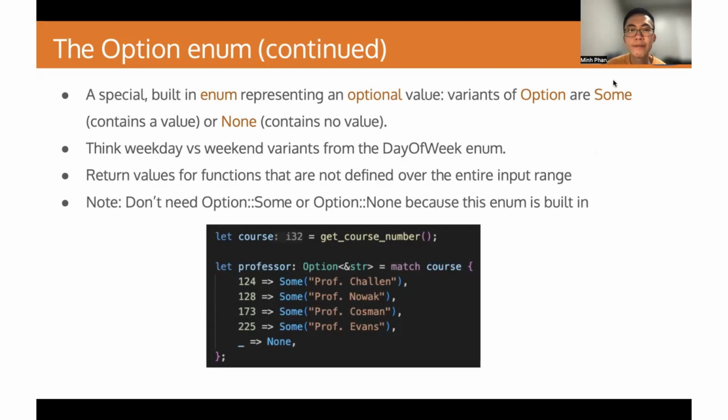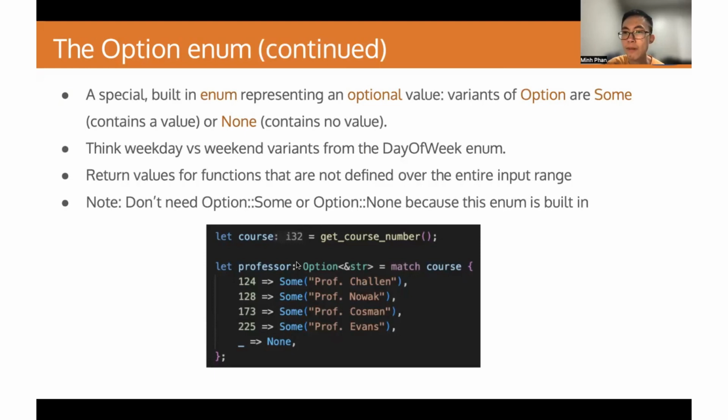They are basically used for functions that are not defined over the entire input range. So as you can see from this example here, in this match statement, we don't have logic for values other than these four values here. So only for these four values, we return a Some variant, and for other values, we return a None.